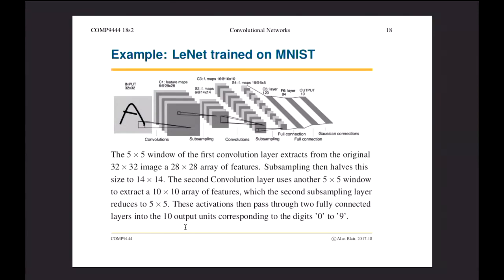So the total number of nodes here is 16 times 5 times 5, which is 1,000, isn't it? So there's 1,000 nodes here, and each one of them is connected to these 120 nodes here. So the number of parameters here is enormous. Yeah, there's a bit of a concern here potentially.